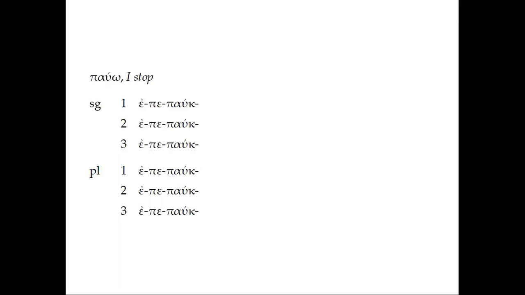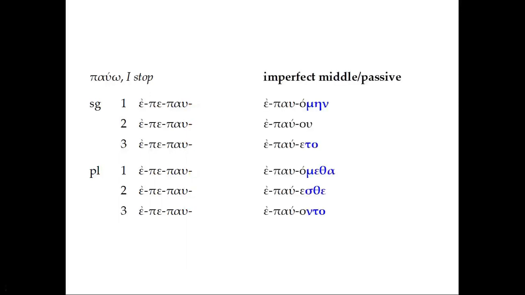And for comparison purposes, we'll take a look at the kappa here that we see in the perfect stem, the normal perfect active stem. We're going to drop that, actually. And then we are going to look at the endings for the imperfect middle passive, the stuff in bold. So the mai, tai, metha, ntai.